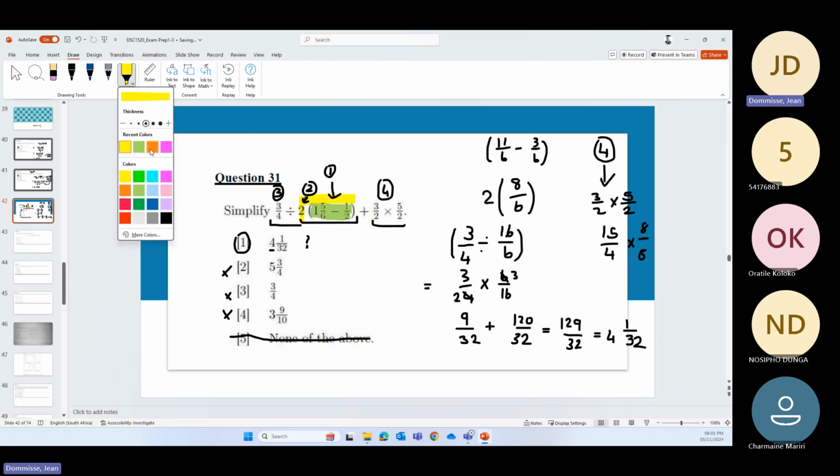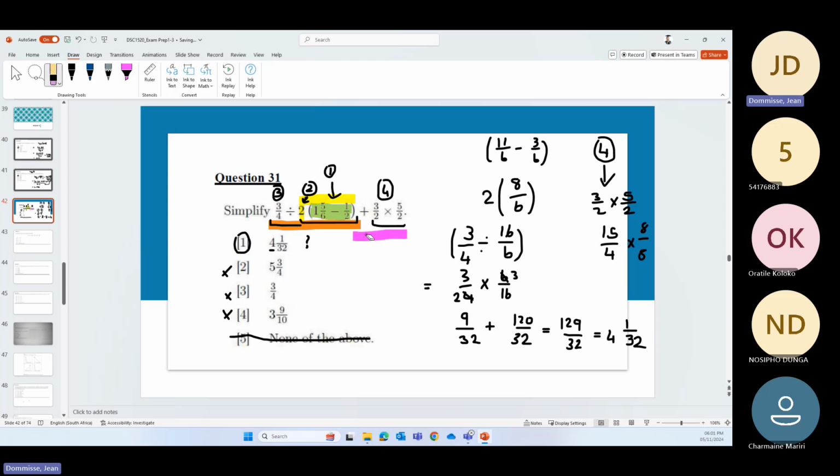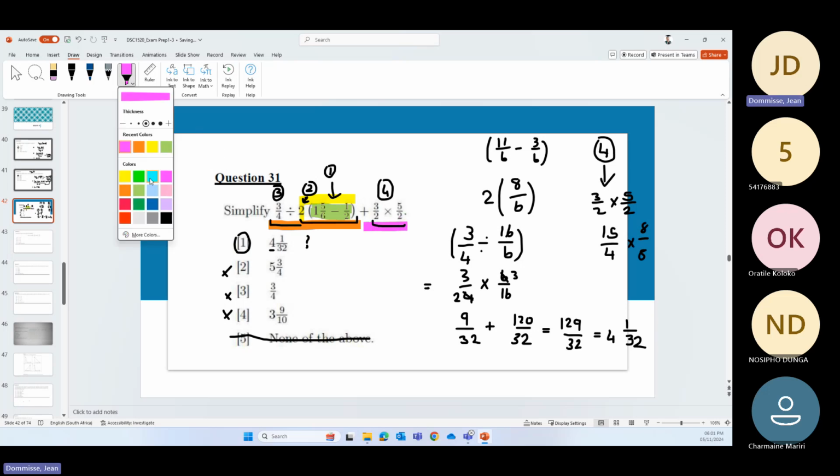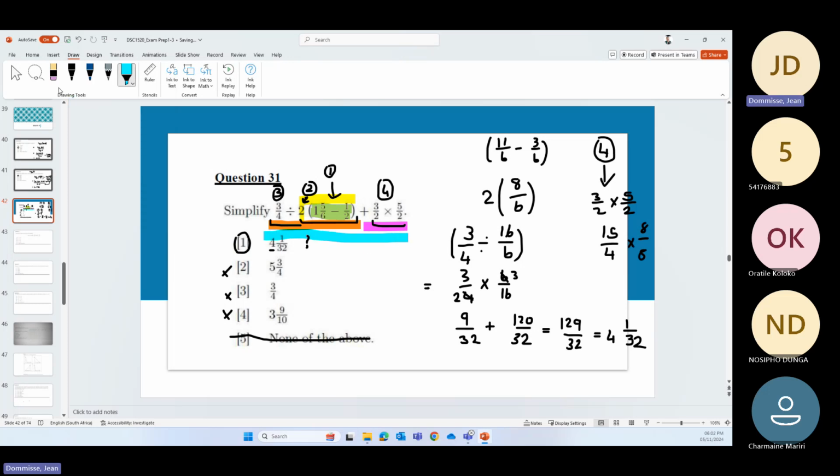Then your third step would have been to say 3 over 4 divided by that. And then your final step is to say that plus that component. So you can nearly have made it 5 steps: we need to work out that first, and then the last step is to add all of them together.